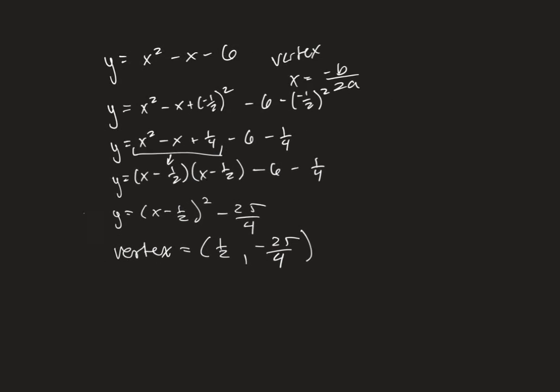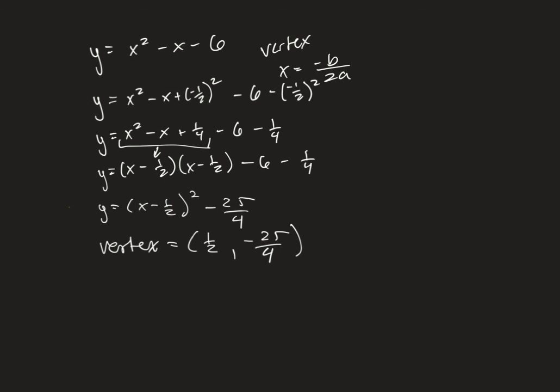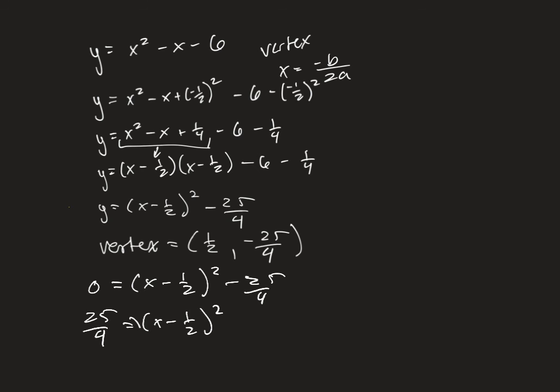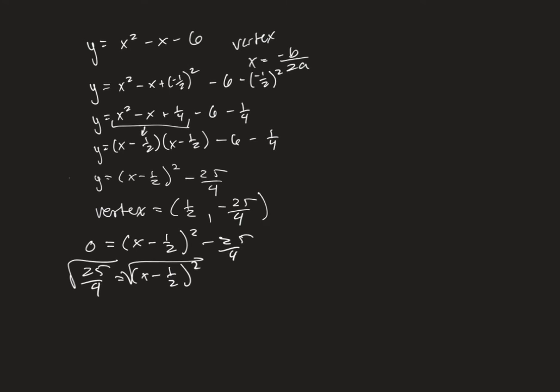The thing that's nice about completing the square, or having a perfect square of any kind, is that if we want to solve for where this equals 0, we can move the 25 fourths over by adding it to both sides. We can take the square root. Love that. Square root of 25 fourths, that's a nice one.